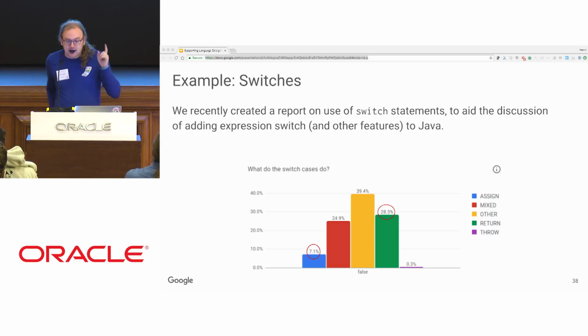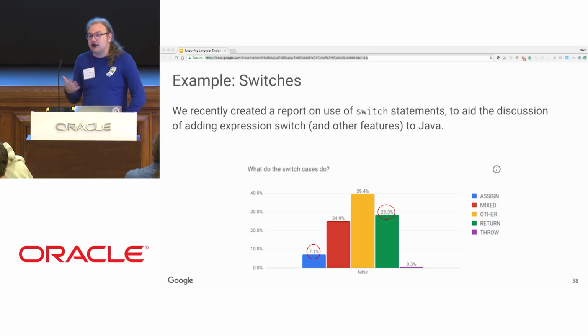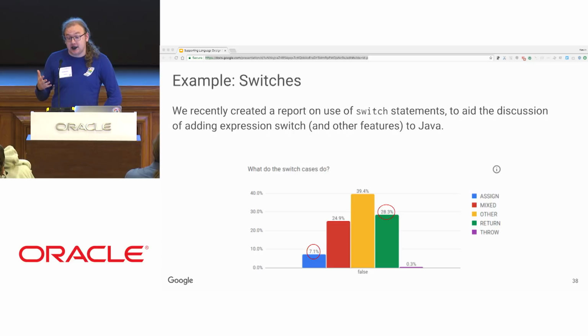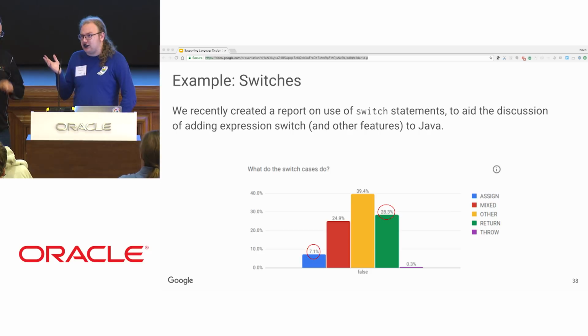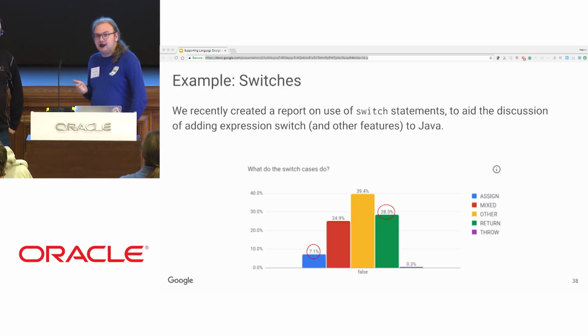The blue column is cases where all of the cases were assigning to the same variable. The green column is where all of the cases were returning, and these are pretty clearly refactorable to expression switch, even if they're not an exhaustive list of the expression valued. Seeing this data makes us really want expression switch because we know it will apply to a lot of switch statements.